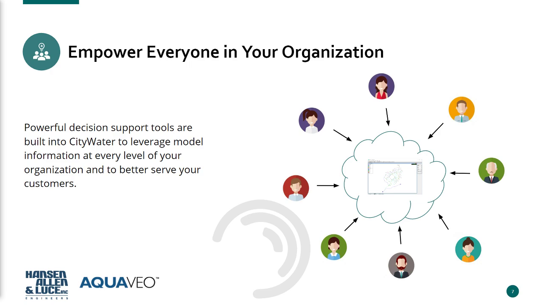The next advantage is empowering everyone in your organization. Because you're able to simply provide the power of the model to more people in your organization, more people can take advantage of that, whether that's from administration to engineers to operators and even secretaries and other support staff. A good example of CityWater is in some systems I've seen where secretaries will use the model to answer questions, for instance, about pressure.